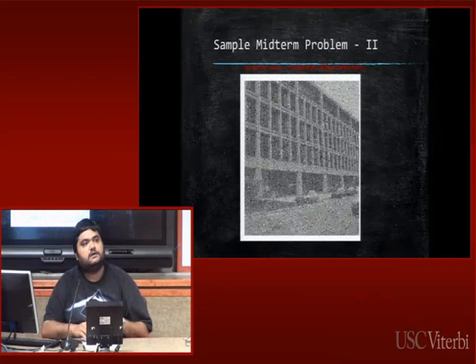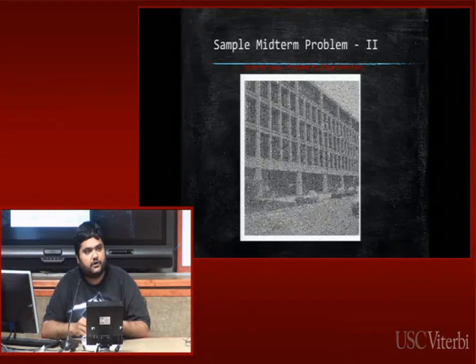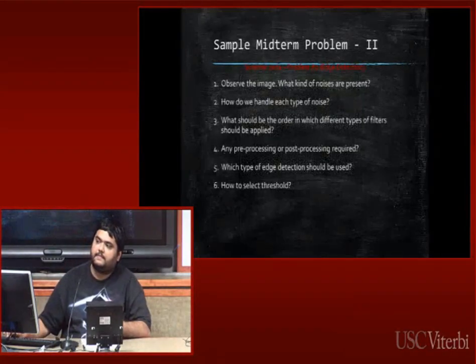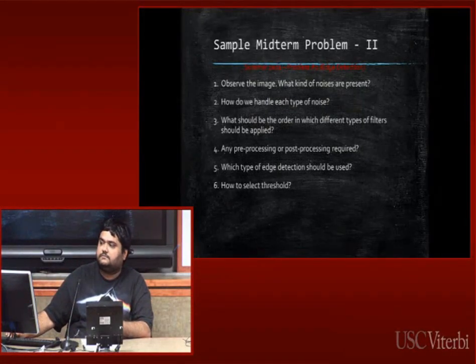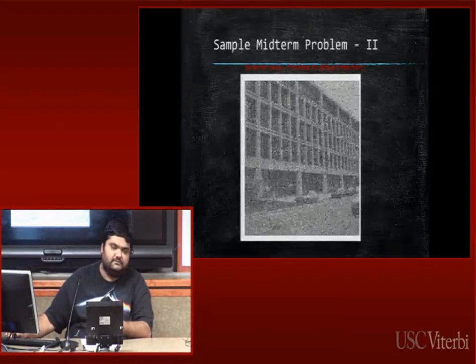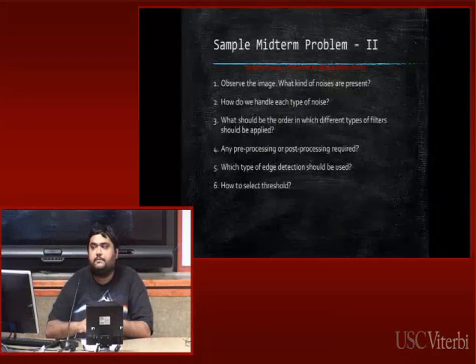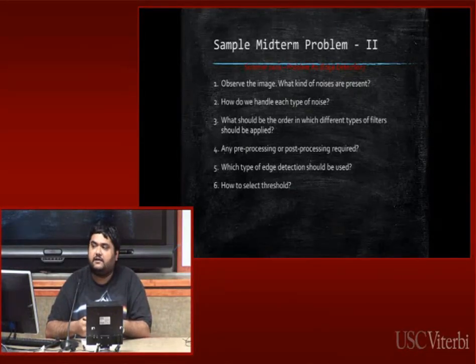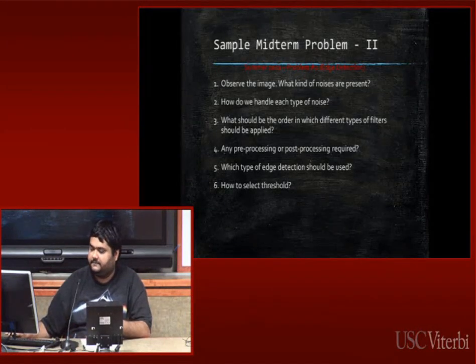So if you understand the process of your assignment, then you'll be able to solve the midterm problems. Otherwise, it will be difficult. Okay, so I think this problem is very similar. I've just written down the basic questions. So you observe the image, notice what kind of noises are present, and how we handle each, the same kind of questions which you have already solved in the assignment.